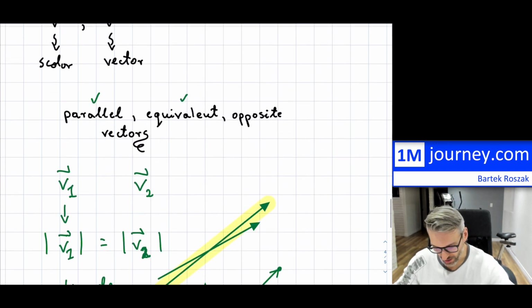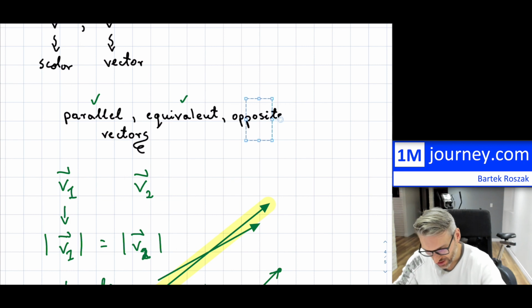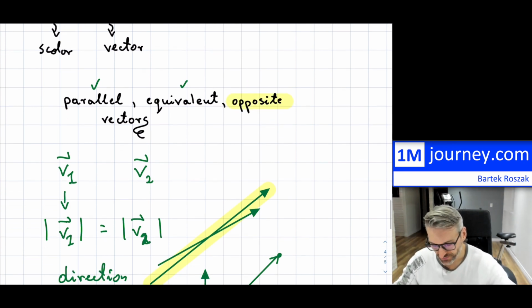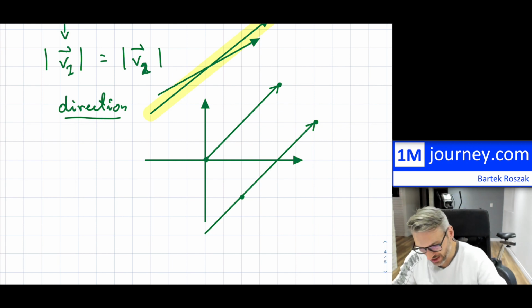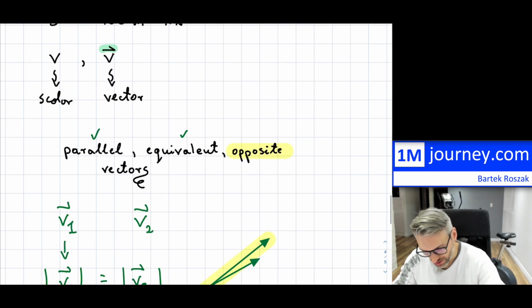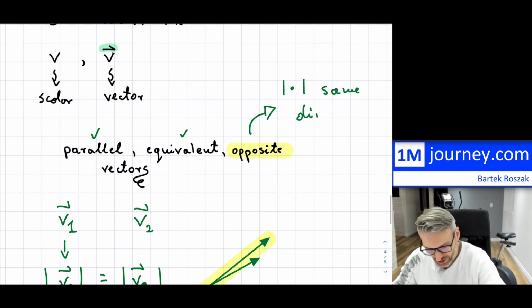And then the last one, opposite vectors. For this term, opposite, what that means is they are parallel to each other and equivalent in magnitude, but they are going in opposite directions. So opposite means that their magnitudes are the same, but their direction is opposite.